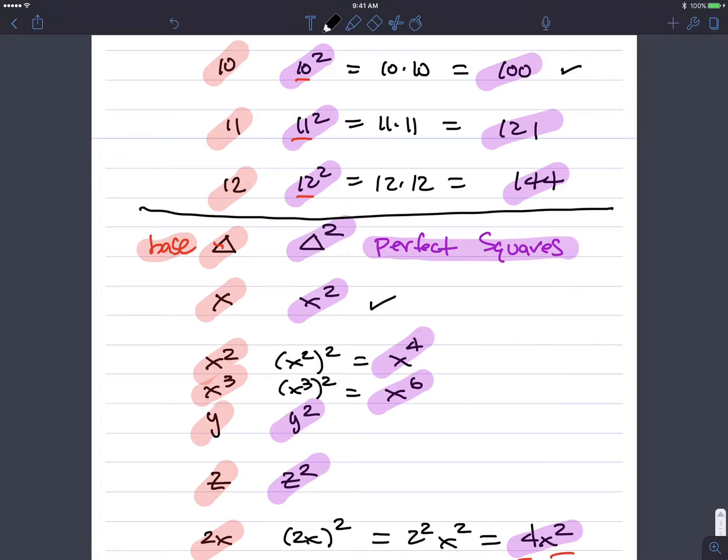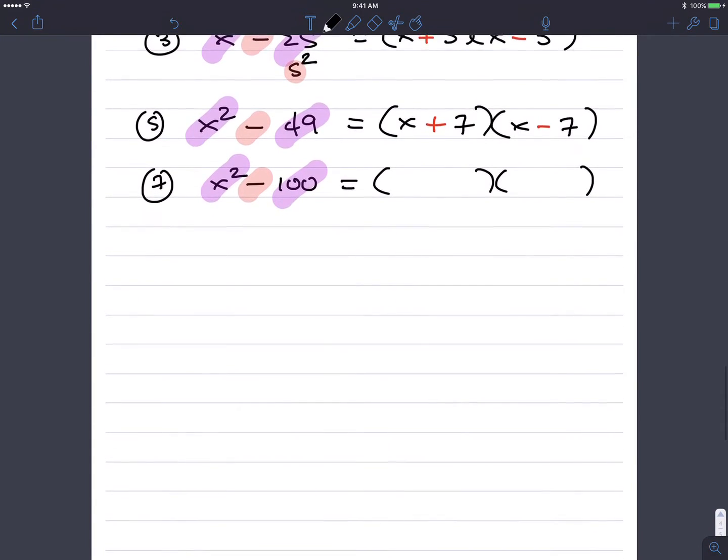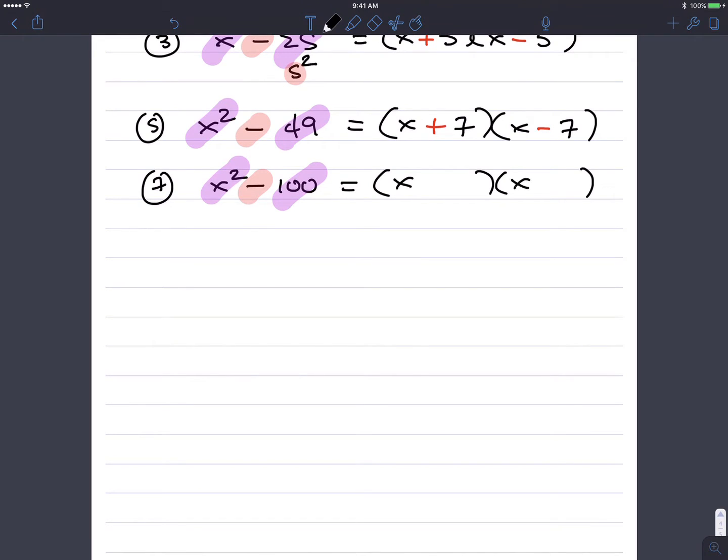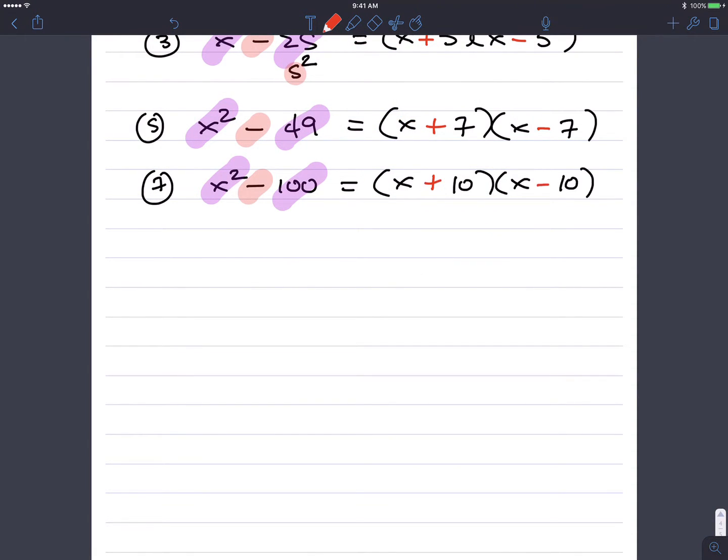What's the base here? The base is going to be, looks like 10. Okay. X, 10, 10, plus, minus.